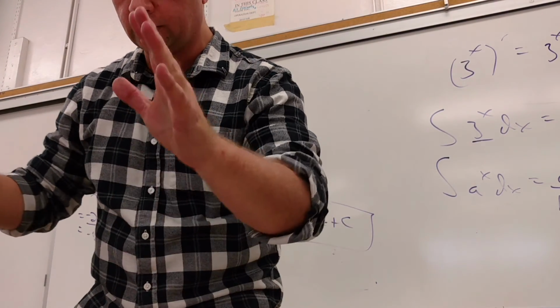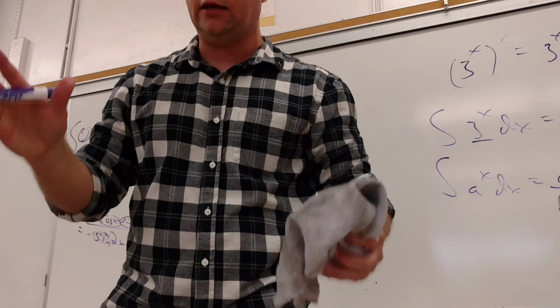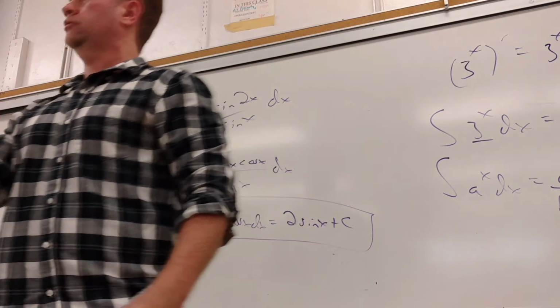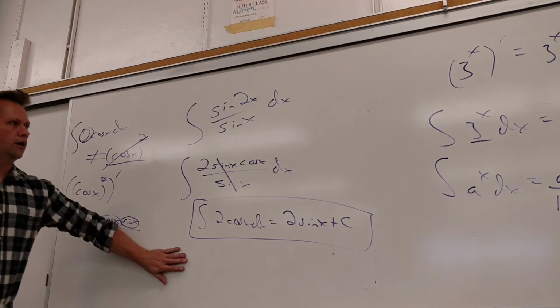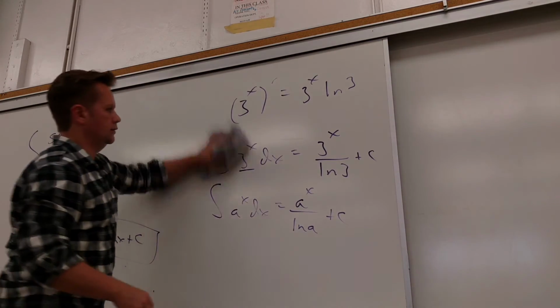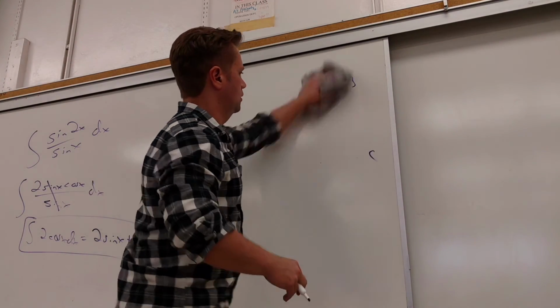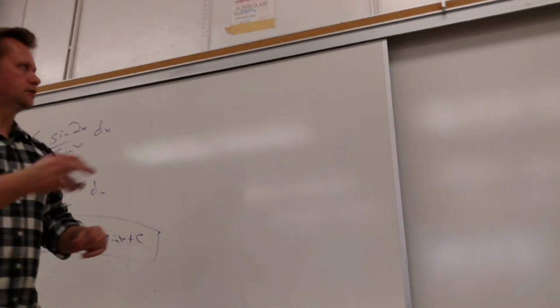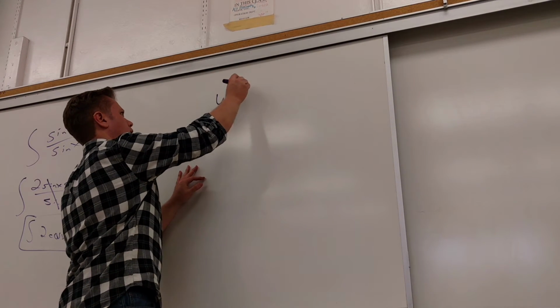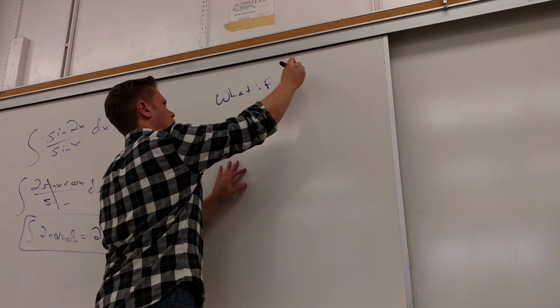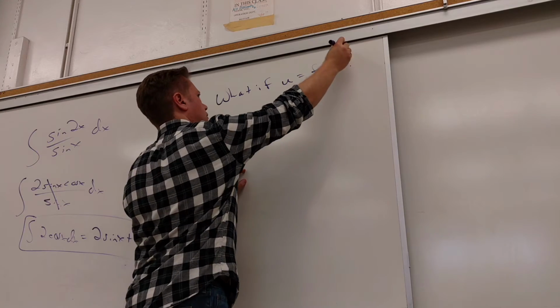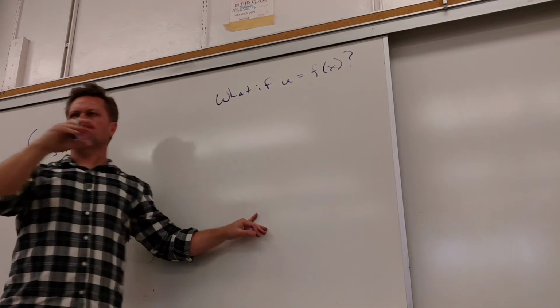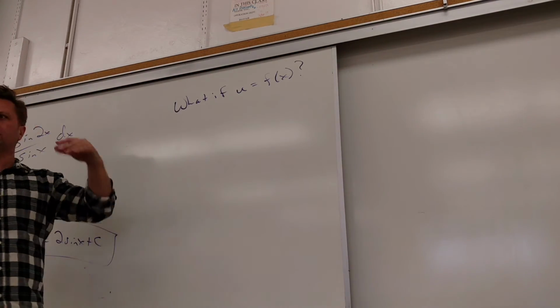Okay, so the main thing for today is U substitution. I want to remind you guys, help me out here. What if I had some u that was actually itself a function of x?